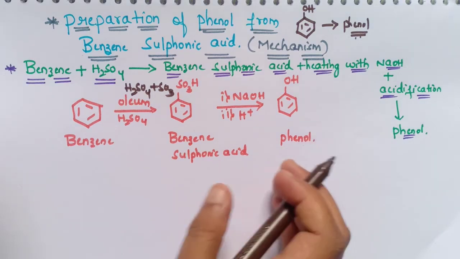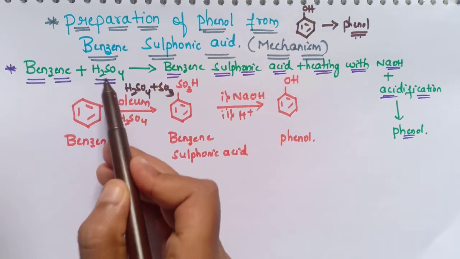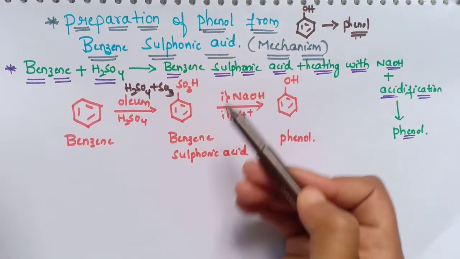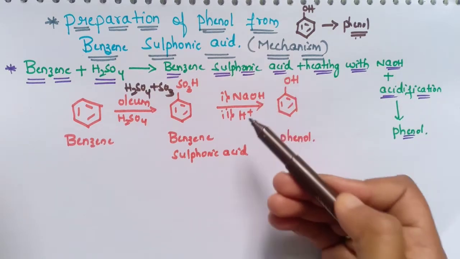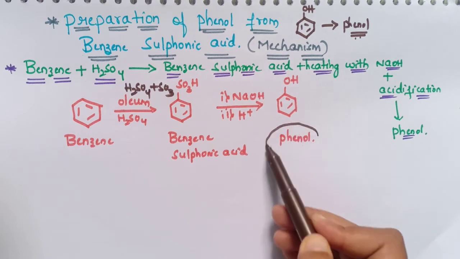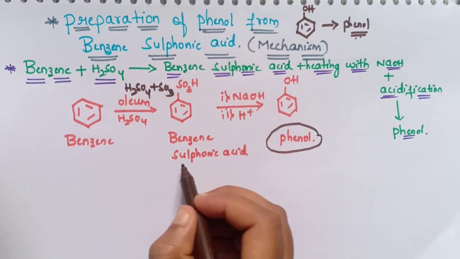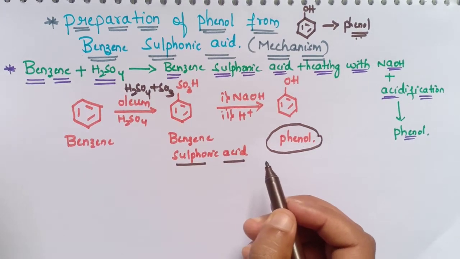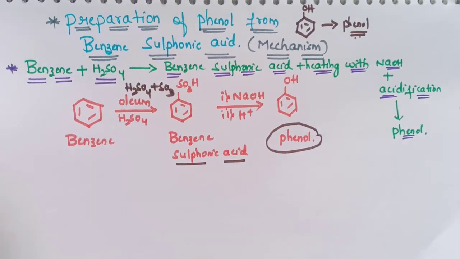This is the reaction for this preparation. So here the main thing required is benzene sulfonic acid. In this video we shall see the detailed mechanism of this preparation also.